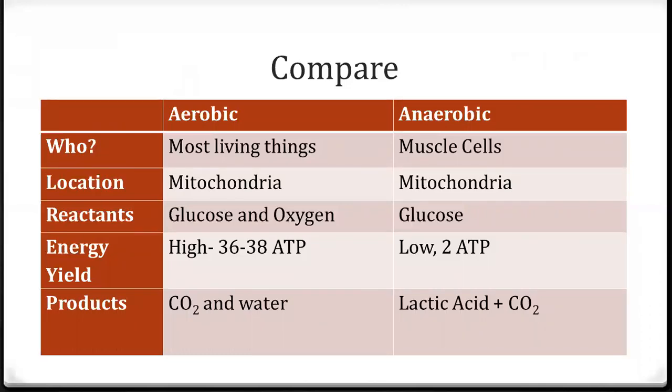For reactants, in aerobic, you have glucose plus oxygen. The oxygen is what makes it aerobic, and then glucose for anaerobic. Energy yield is high for aerobic, 36 to 38, and low for anaerobic, 2 ATPs. Products: CO2 and water, and then lactic acid and CO2, which you don't want building up in our muscles. They're part of muscle fatigue.